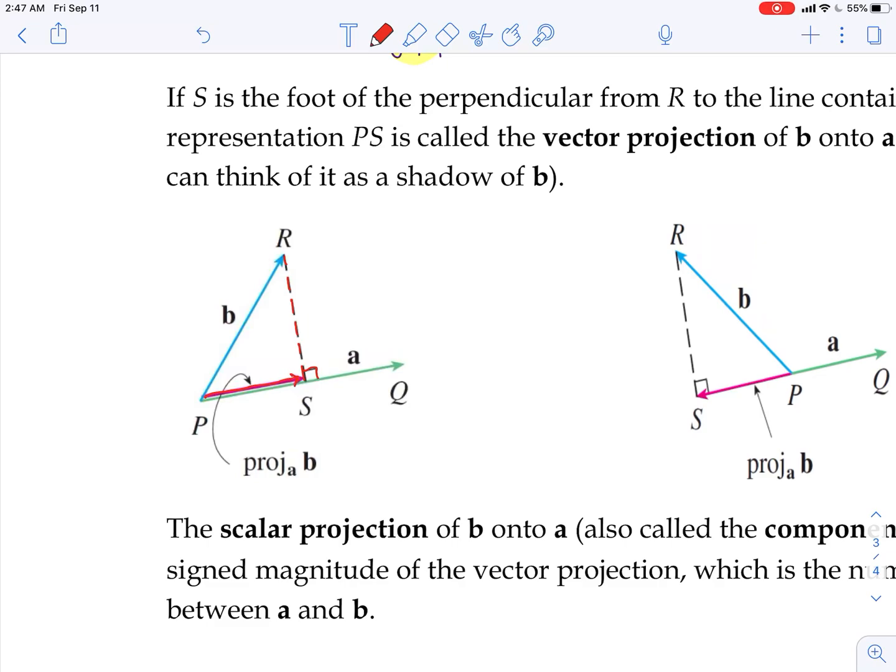So we're projecting B onto A, kind of like its shadow. So this is the vector projection. It's just this vector, the length of this vector.